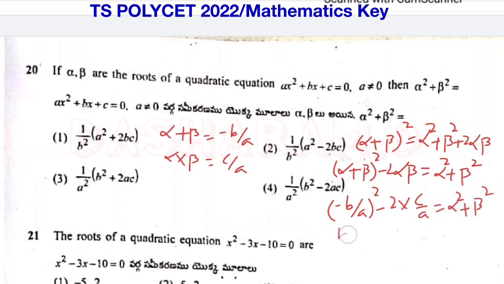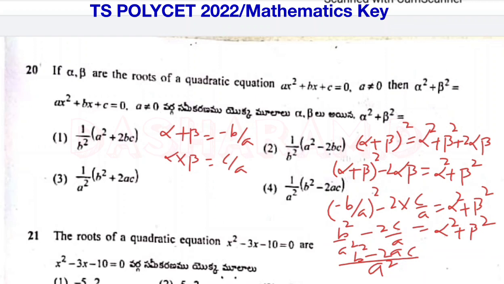Minus b by a whole square is b square by a square minus 2c by a, it is equals to alpha square plus beta square. Now here we can take the LCM. a square is the LCM, then b square minus 2ac. So b square minus 2ac. So option 4 is correct.